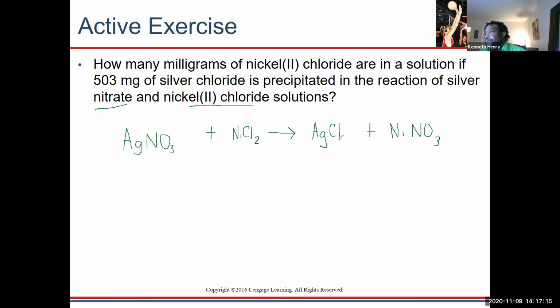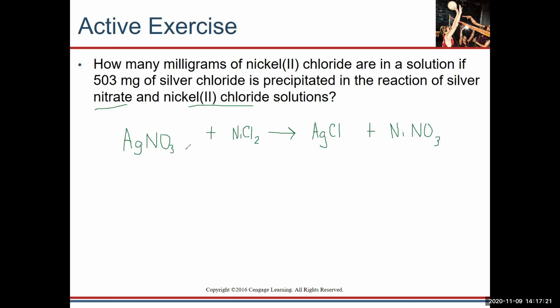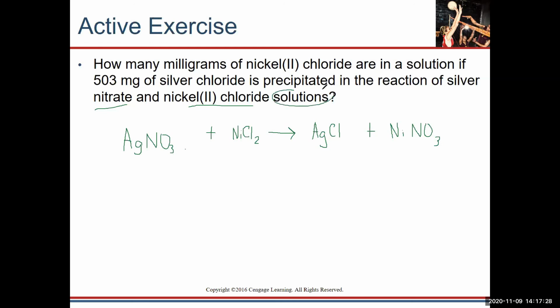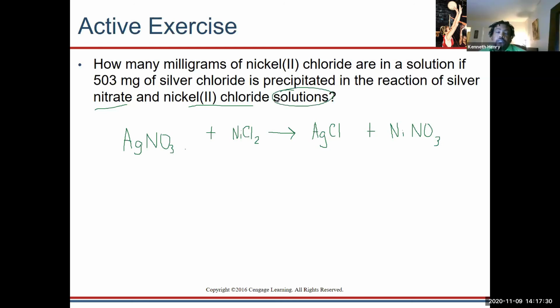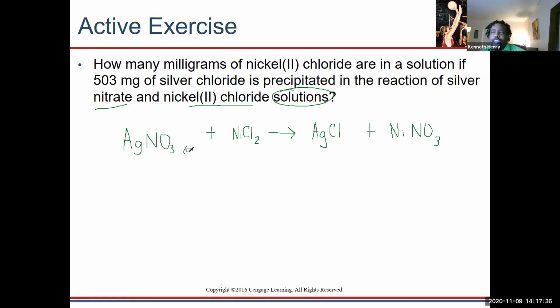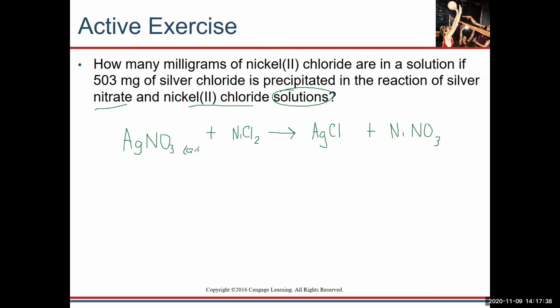But David, tell me, what is the state of the AgNO3? It's a solid. AgNO3 is a solid? Is it not kind of like a salt compound? It says solutions. Oh, so it's a liquid. It's AQ, it's not a liquid, it's AQ. It's dissolved in water. Okay. What about the nickel chloride? Well, it's a solution too, so AQ. Okay.